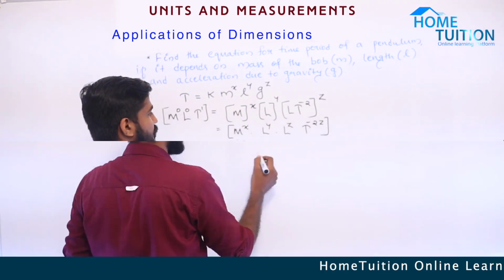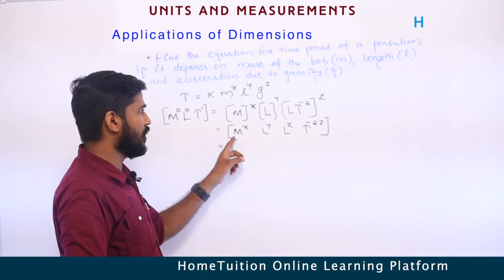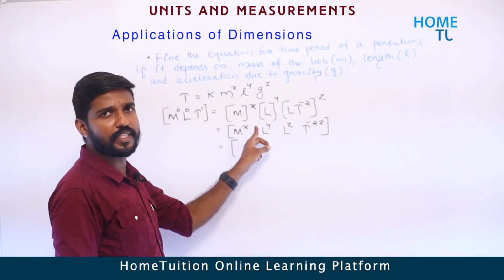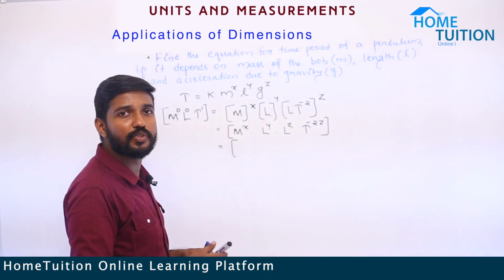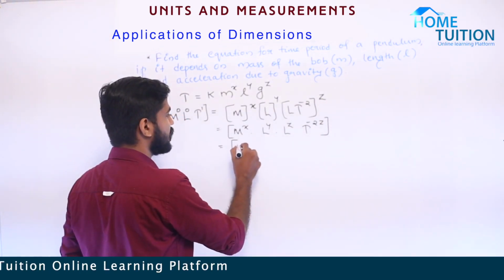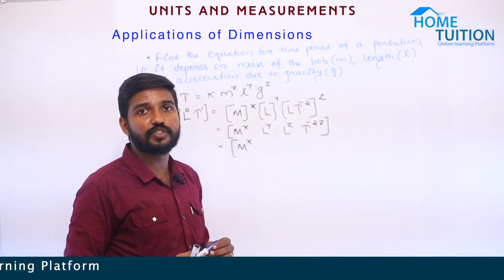Okay, next, here we don't have any other mass terms, only m raised to x, so it will be m raised to x itself. Into, what is a raised to m into a raised to n? It is a raised to m plus n.